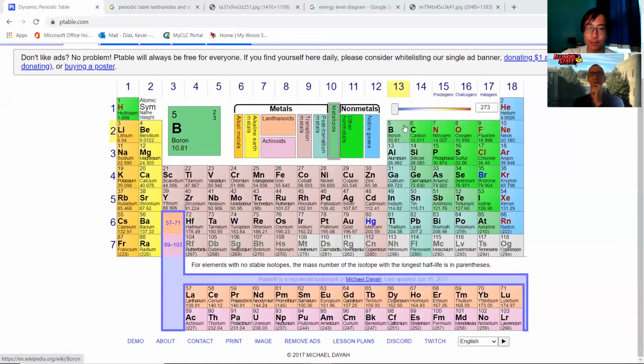For example, boron, its electron configuration would be 1s2, 2s2, 2p1. Its last electron is in the p orbital. So all of these elements, excluding helium, because hydrogen and helium only have s orbitals, have their last valence electron in the p orbital.